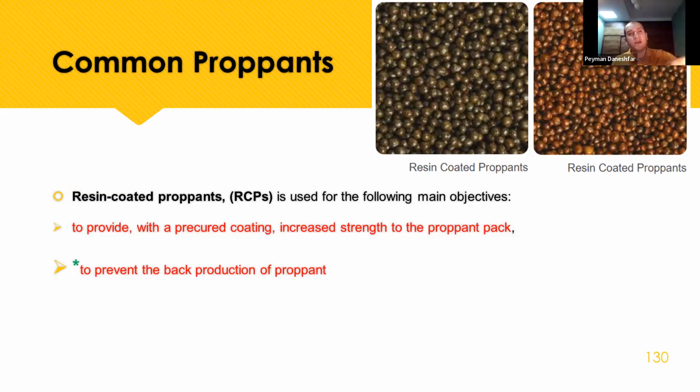So we use resin-coated proppant to give us good strength so it doesn't crush. And another purpose is to prevent the back production of proppant. I will explain it later.